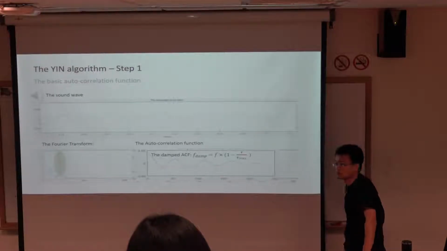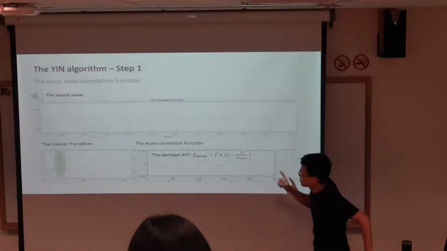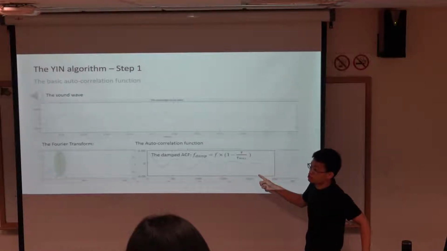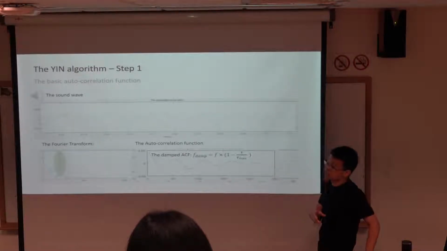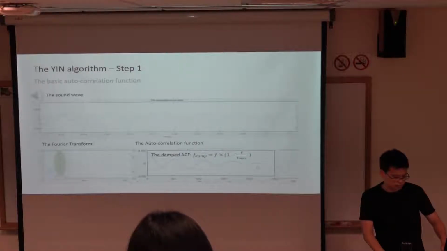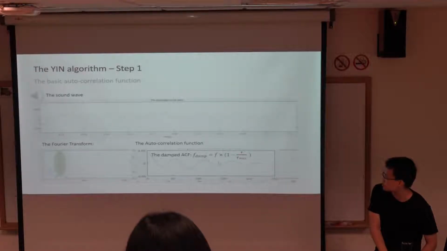Okay, but the damping autocorrelation function actually increases the other arrow, because you lowered the magnitude when tau is big.